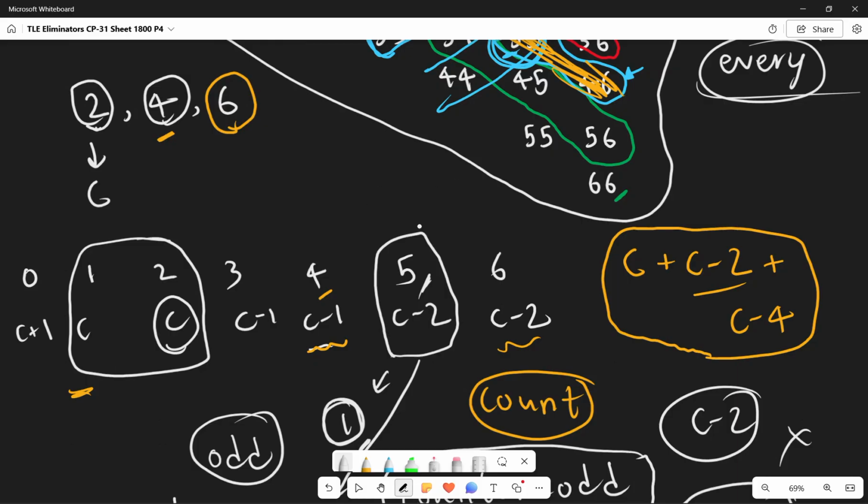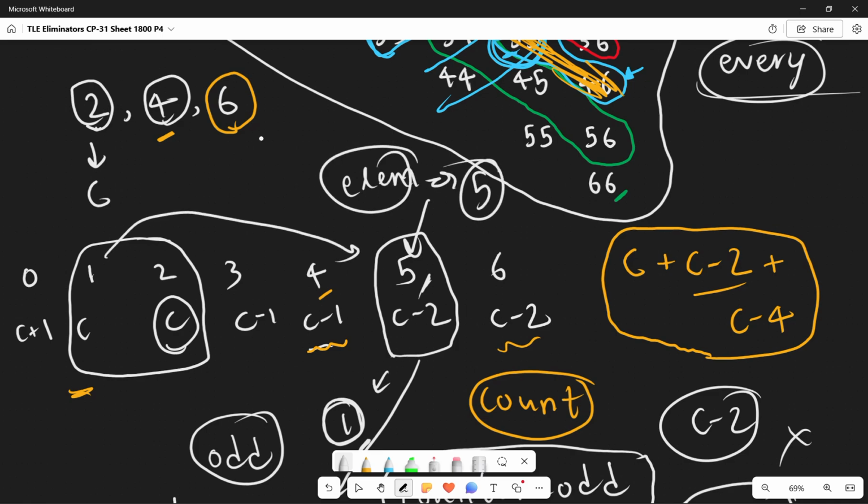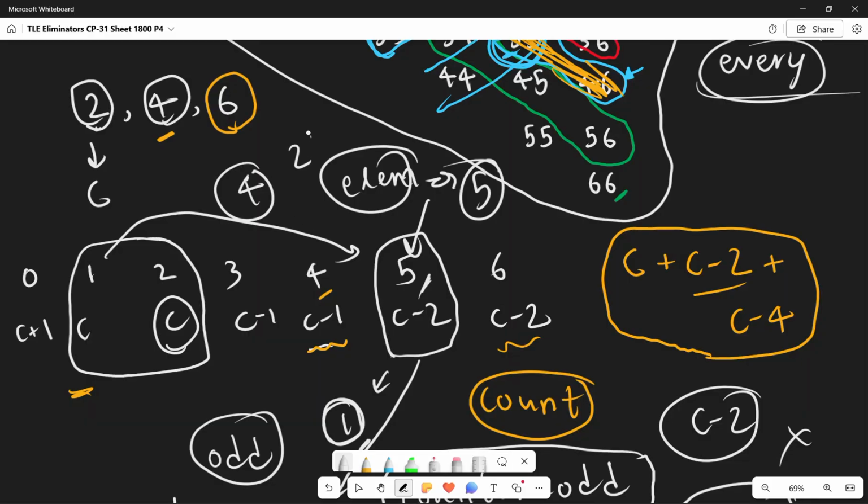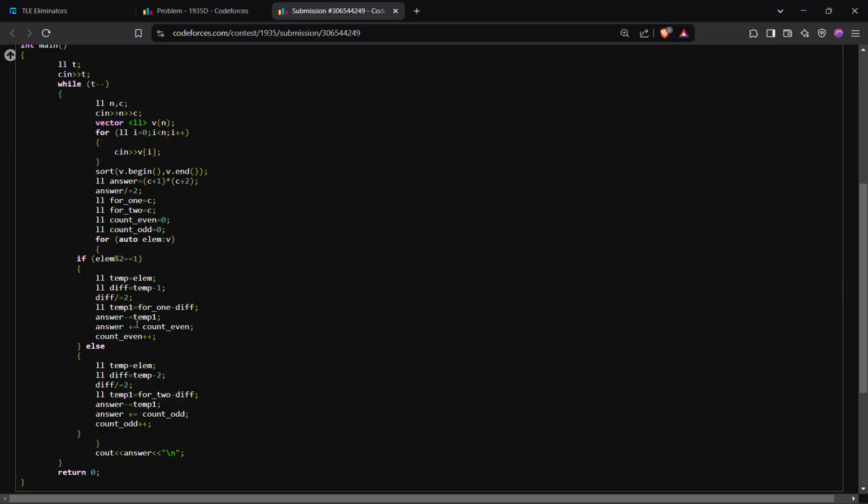So if the element is 5, then how far are you from 1? You are far from 1 by 4, then you will divide it by 2. So here difference divided by 2, so the difference would be 2. And see here, from C to this C minus 2, the difference between them is 2. So that's how I'm calculating the difference.